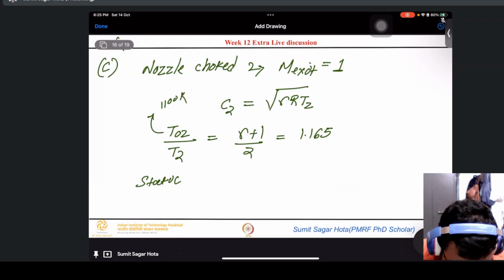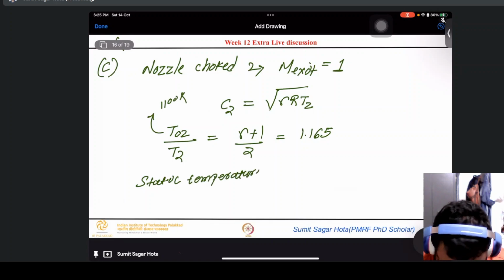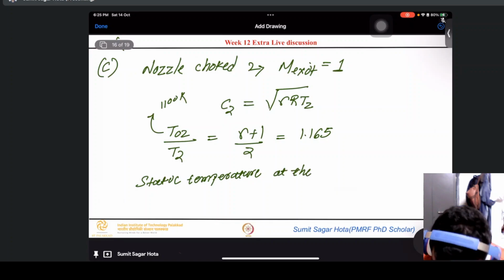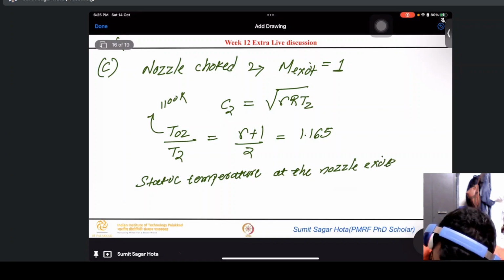Okay, so static temperature T2 is 944.2 Kelvin.